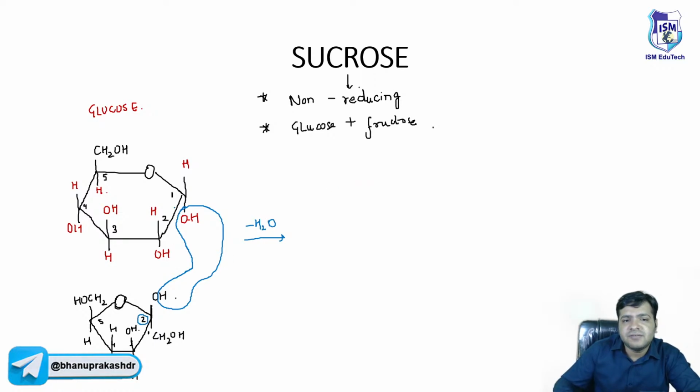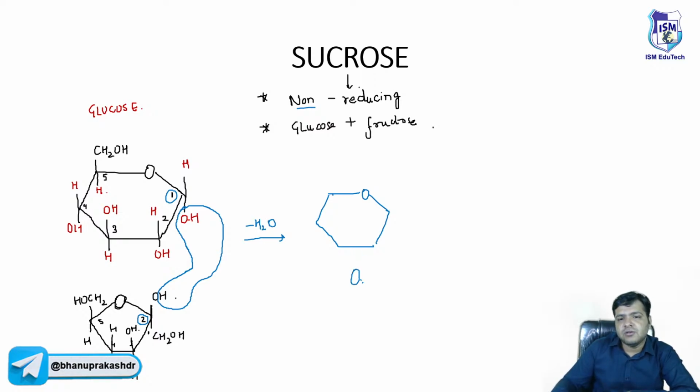You already know the first carbon of glucose contains the aldehyde group, the second carbon contains the keto group. When both the functional groups are involved in the linkage, there is no free functional group remaining in the structure. So that's why it is a non-reducing sugar. No functional group.